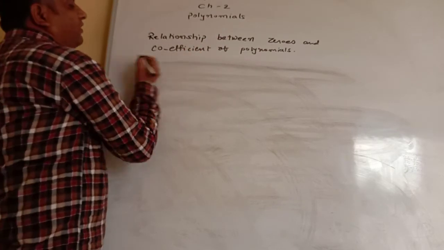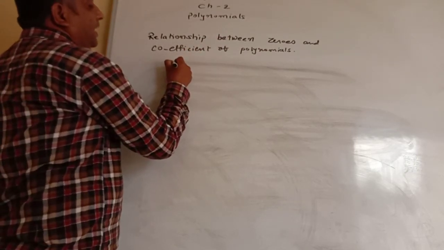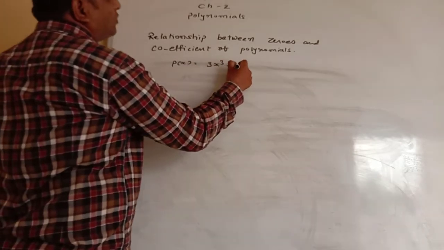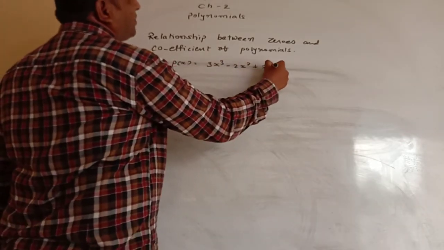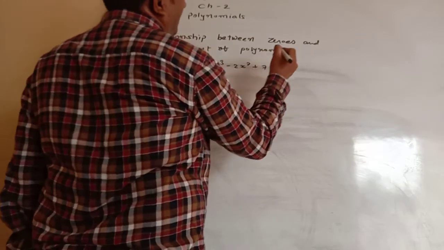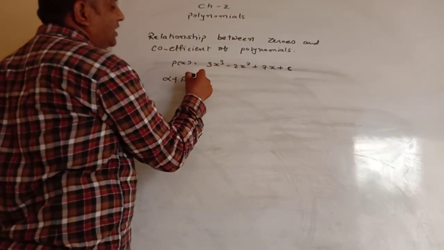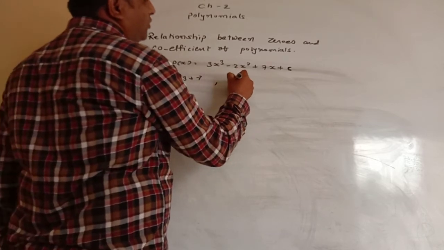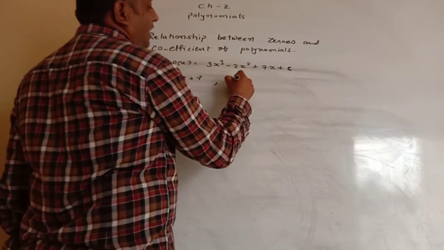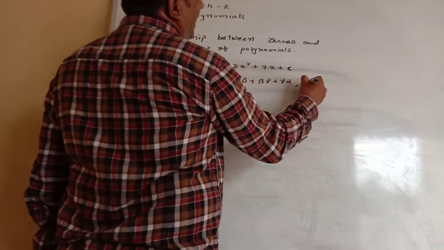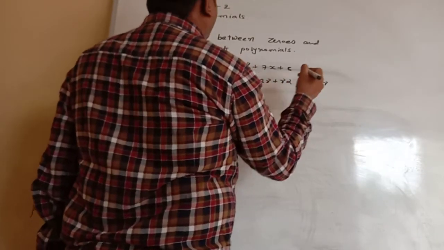So if we are given p(x) equals 3x cube minus 2x square plus 7x plus 8, and we have to write its sum of zeros, alpha plus beta plus gamma, the sum of the products of zeros taken two at a time, alpha beta plus beta gamma plus gamma alpha, and alpha beta gamma, its product.